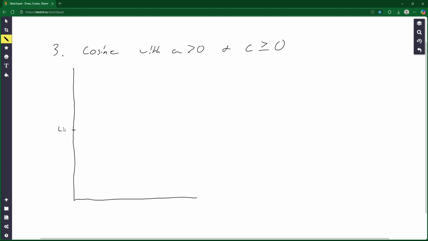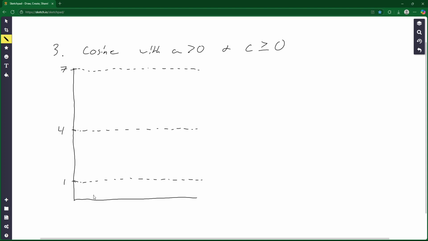Starting at 4, going down to 1, going up to 7. Midline is at 4. We have another line at 1, and then let's put another line at 7. I just put dotted lines there to make it easier to draw the graph.